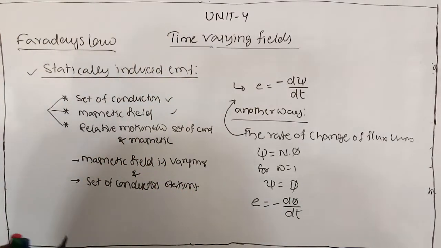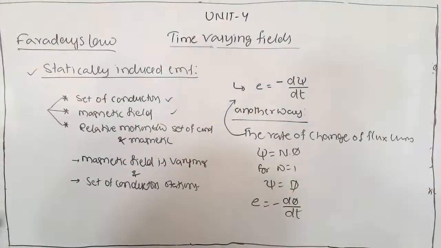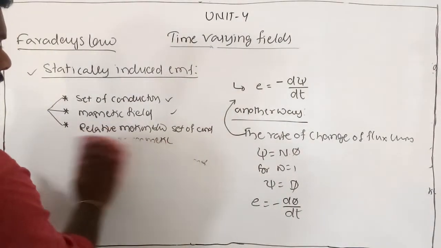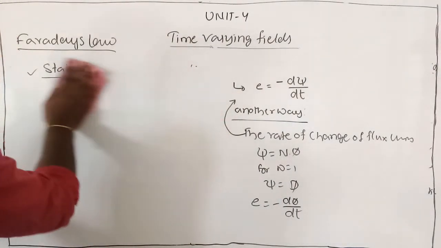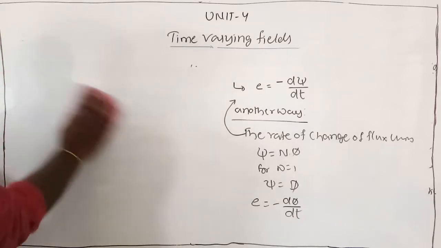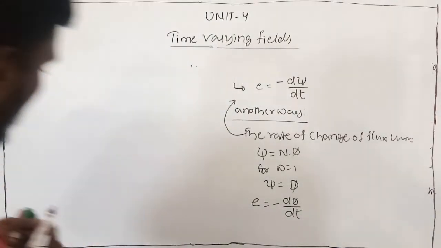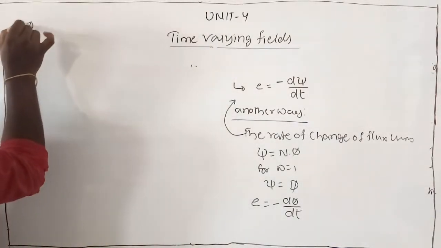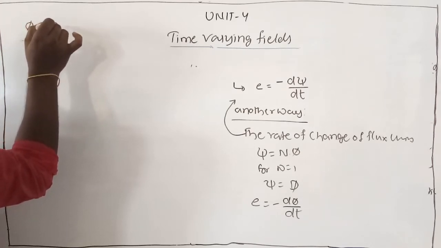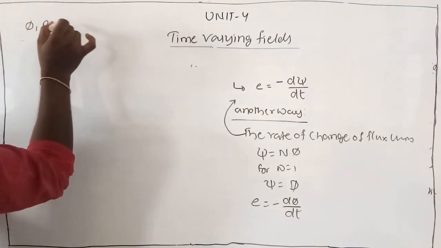Now see, in field theory we have a relation between magnetic flux density and area of cross section.